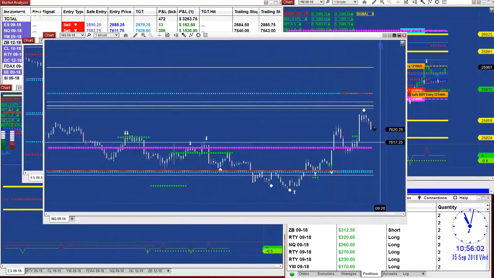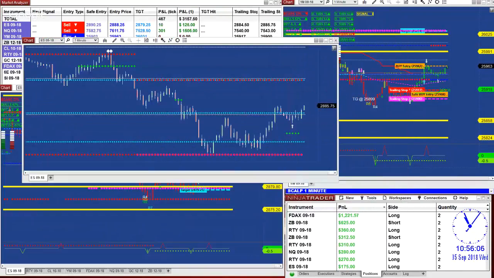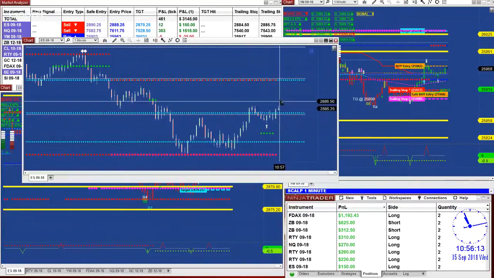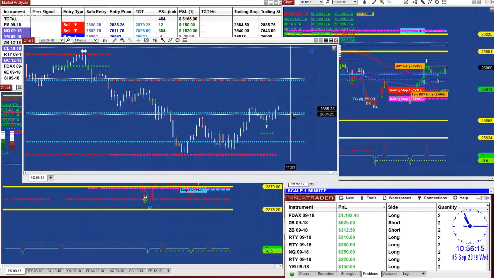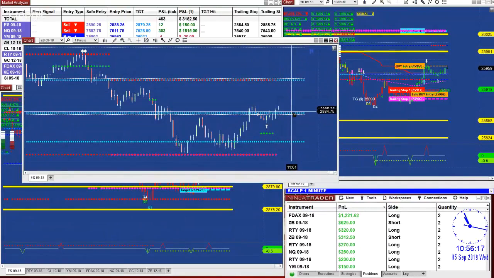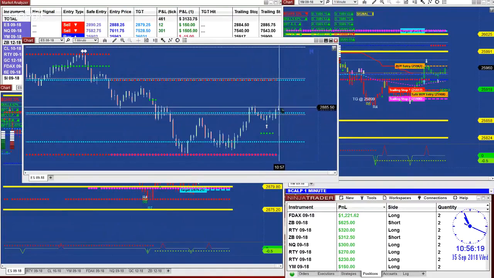This one is tradable. Right now, the ES and the YM are not tradable. They're not. Now, if this one starts breaking out on the first pullback, okay, I will take this one here. But right now, I will not touch this market at all.